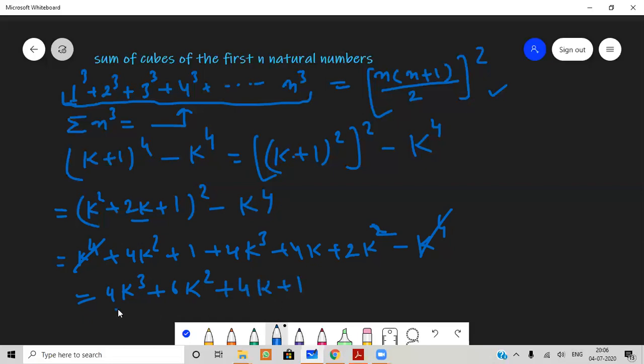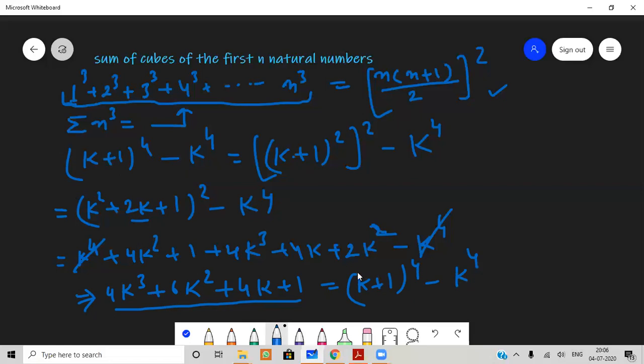Now you see this is the expression for this, right? Let me rewrite here. This implies (k plus 1) to the power 4 minus k to the power 4 is equal to this.